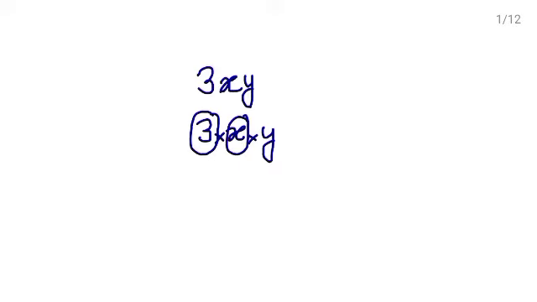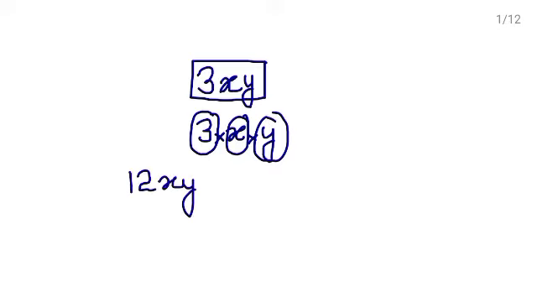So if we have 3xy, this can be written as 3 multiply x multiply y, right? So 3, x and y are factors of this expression, right? Similarly, if we have 12xy, right?